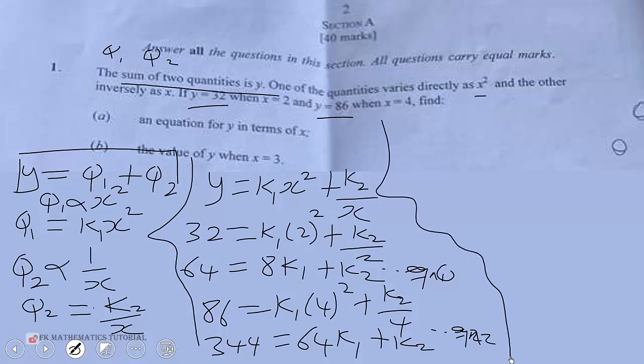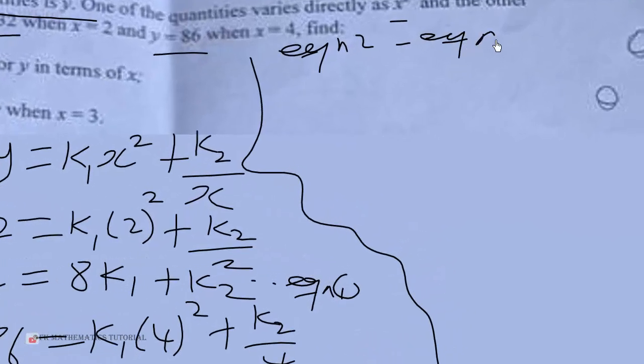Now let's subtract equation 1 from equation 2. The k2's will go away, so k2 minus k2 will be 0. So equation 2 minus equation 1: 64 k1 minus 8 k1 will be 56 k1, equal to 344 minus 64, that will give you 280.